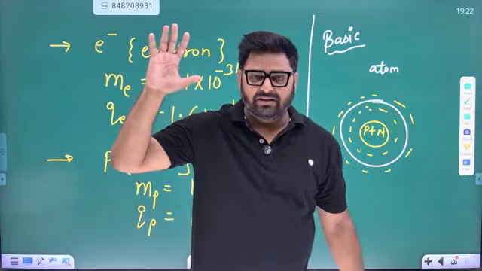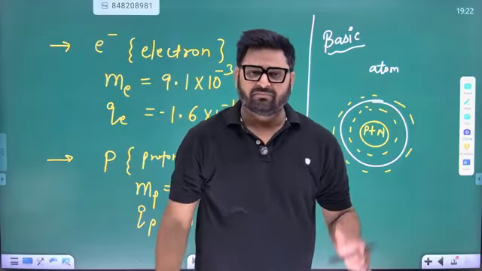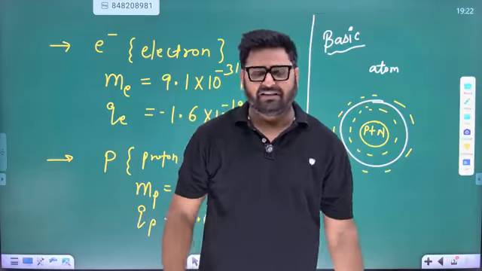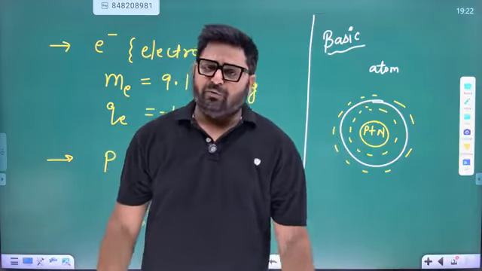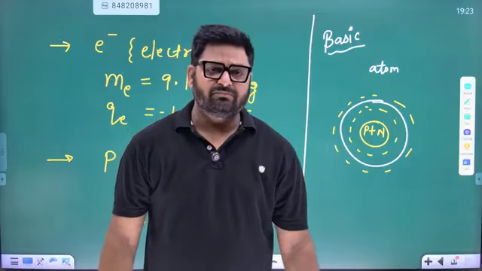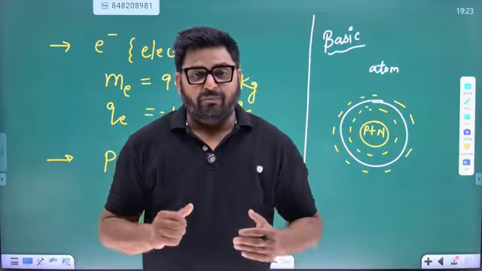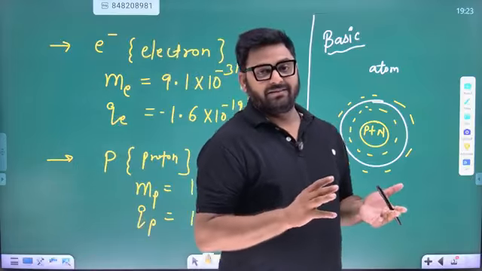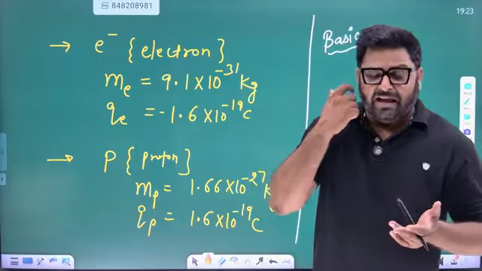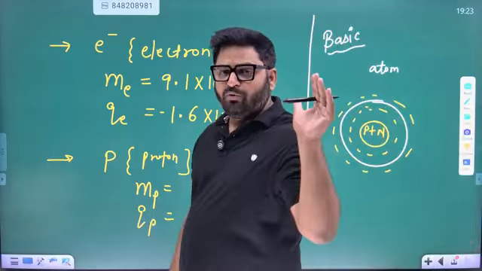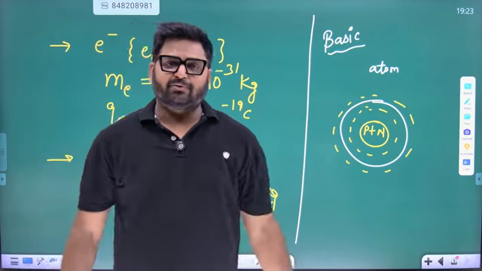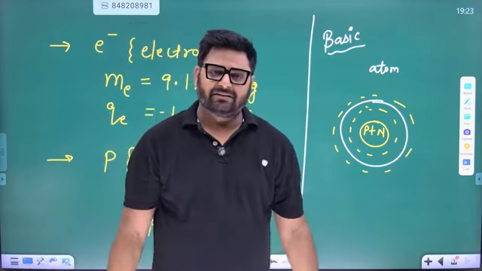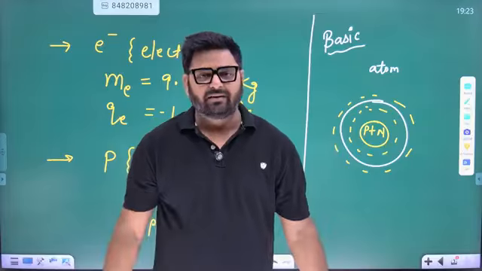We cannot change it. Suppose 2 girls went out of the class. So what will be the number of girls in the classroom? 8. Number of boys, 10. So can I say the number of boys is greater than the number of girls? Yes, that is true. And suppose those 2 girls who went out came back. So again the number became balanced, number of girls equal to number of boys.